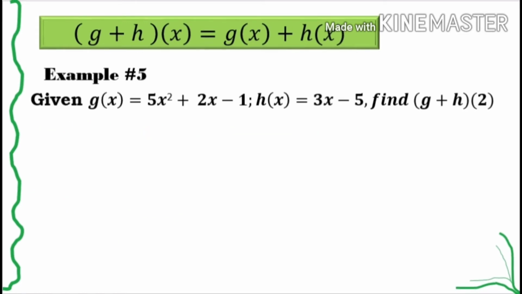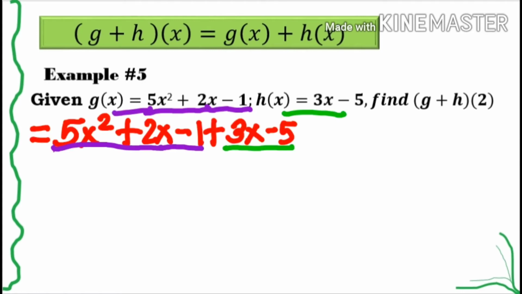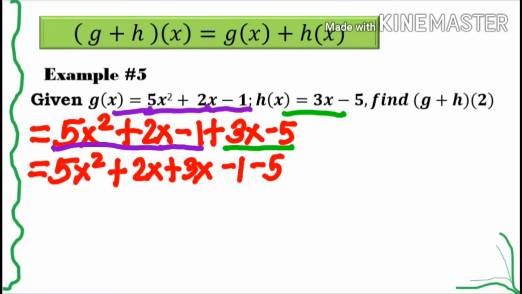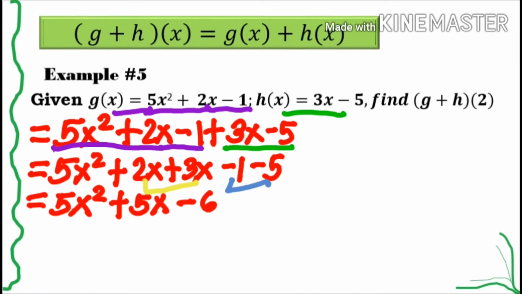Example number 5, given g of x equals 5x squared plus 2x minus 1, h of x equals 3x minus 5, find g plus h of 2. Okay, substitute the given to the formula, then combine like terms. So we have 5x squared plus 2x plus 3x is 5x, and then negative 1 minus 5 is negative 6.